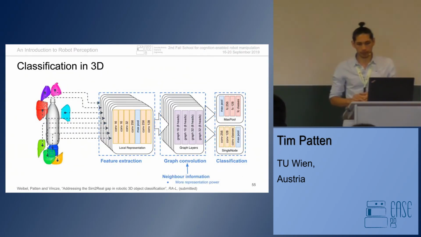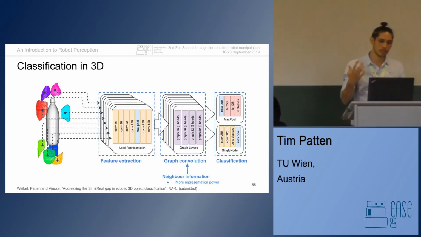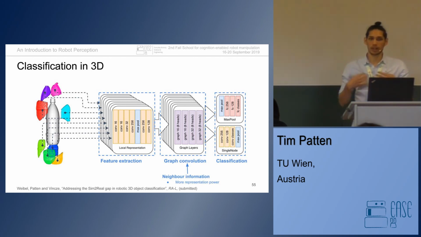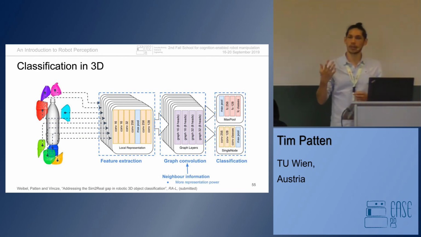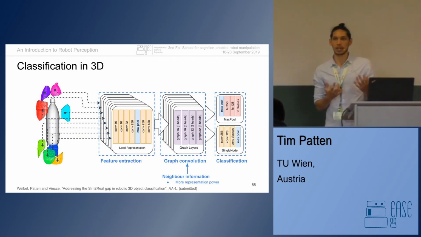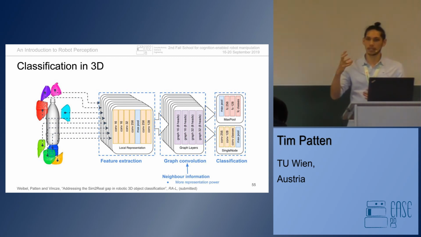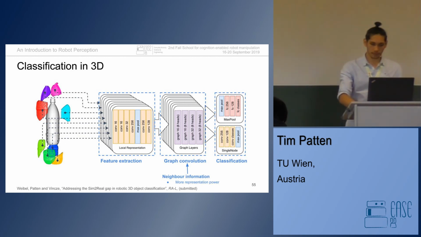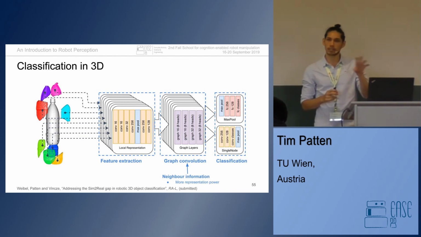So some work that we've been looking at is to do this classification in 3D, but to maintain this orientation invariance, while avoiding having to train on views and avoiding a transformer network. The way we looked at this is to decompose our objects into parts, where each part is then transformed into a local reference frame, similar to SIFT, to have this spatial invariance. Like I've shown before, it has the feature extraction stage.